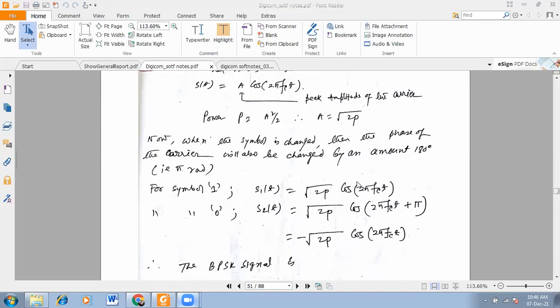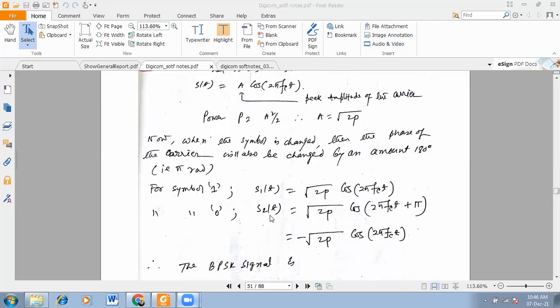If you look at these two transmitted signals, you will get the idea about the phase shift. How much phase difference is there between them? I told you a little about this during our lab session. S1(t) is the carrier wave for symbol 1 or logic 1, that is cos 2 pi f_c t.